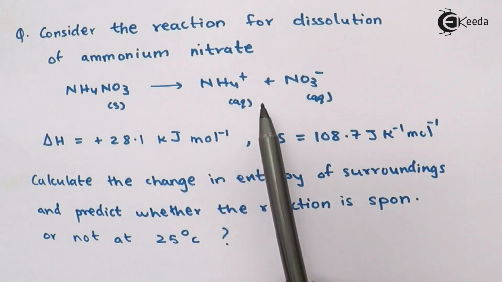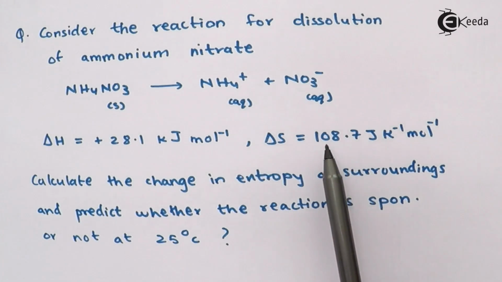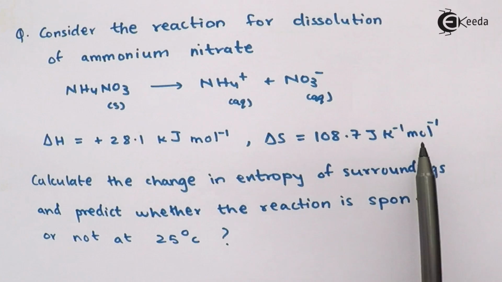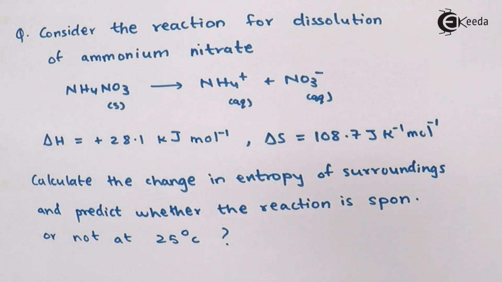And the system has a positive entropy change, that is 108.7 joules per Kelvin per mole, so it could be a spontaneous process, but it is not necessary that it would be spontaneous unless we compare it with the surrounding. If we add both to make the total entropy change, and we find that to be more than 0, or positive, then only it could be said to be spontaneous.